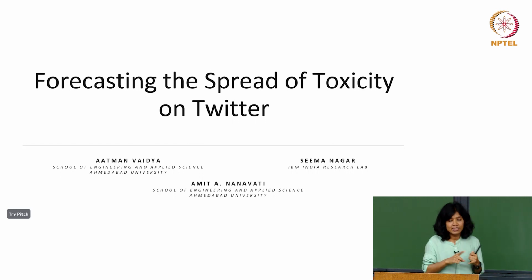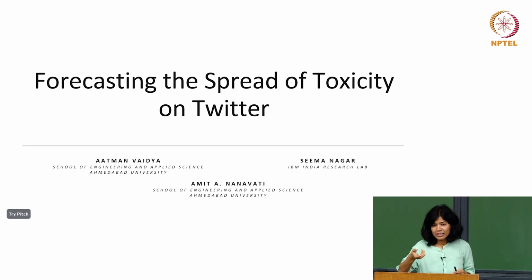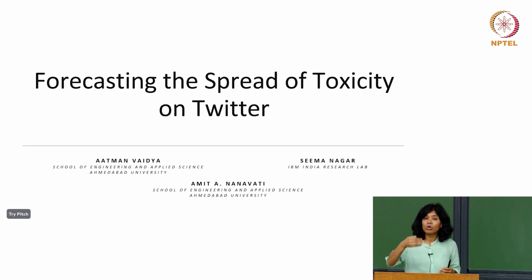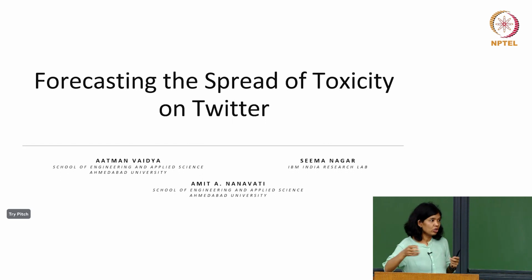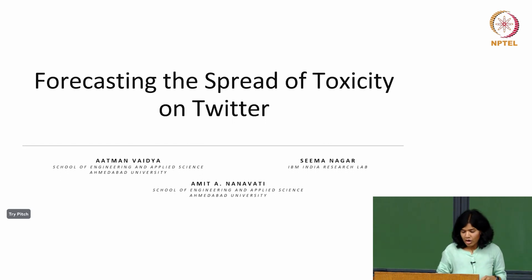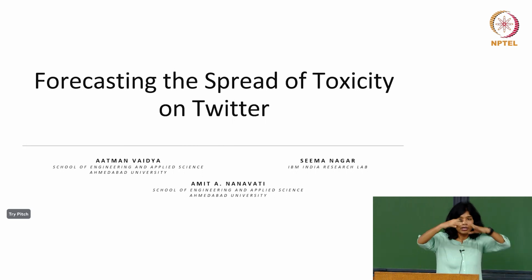We are talking about the toxicity of a tweet, which you can roughly say is hatefulness. Once you have toxicity, it's no longer a binary thing; it's a continuous value on a scale of 0 to 1. Let's say I know the toxicity at any point of time.